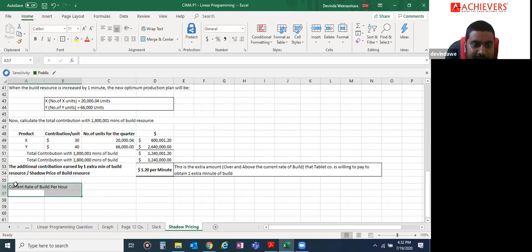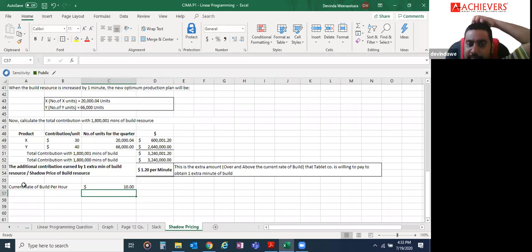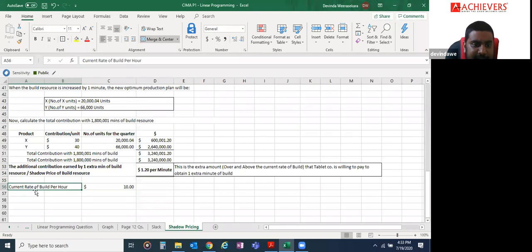Current rate of build per hour is $10. Therefore, what is the shadow price, guys?